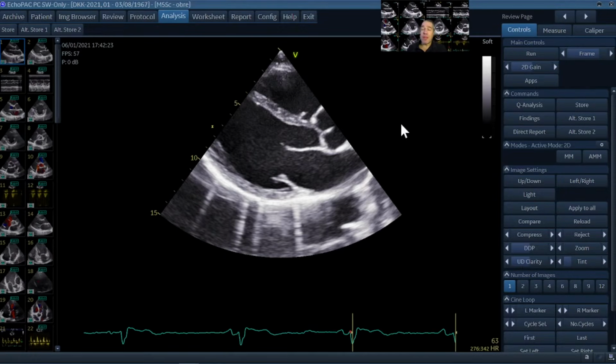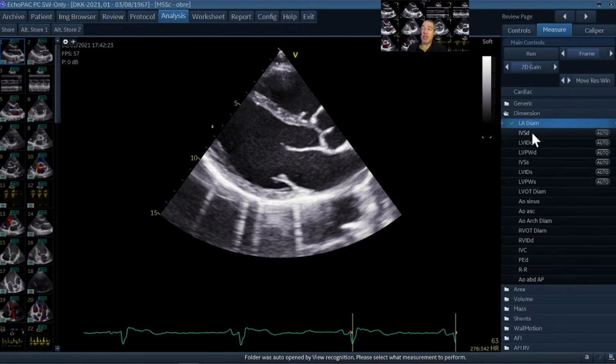In this view, I would again go to measure, and we have here the measurements for the interventricular septum. I could do this in an automated fashion using the artificial intelligence of the system, but for the purpose of this video I have deactivated the auto measurements and I will do this manually.